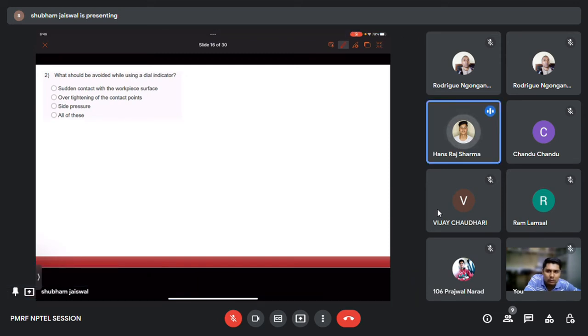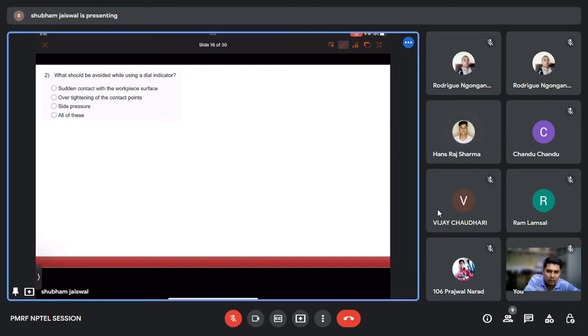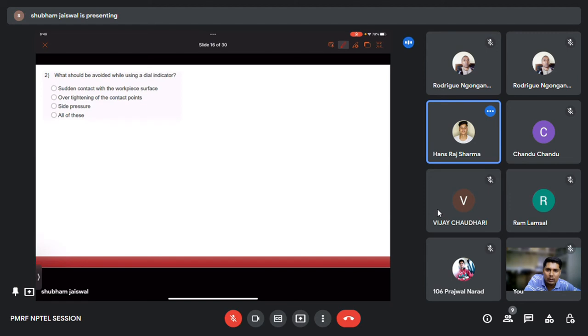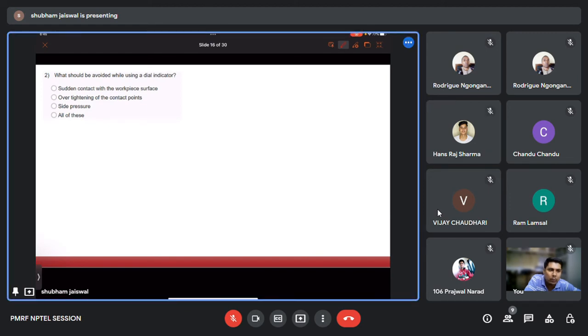Yes, sir. If there is sudden contact with the workpiece, then the point in contact with the surface can be damaged, or the accuracy will not be there in the measurement. And over tightening of the contact points?